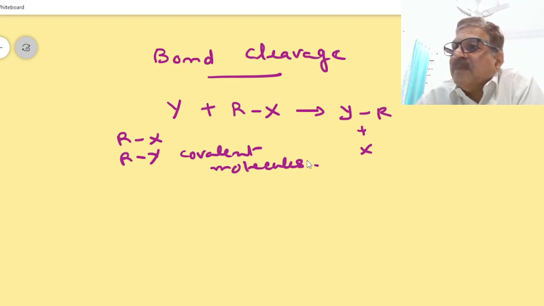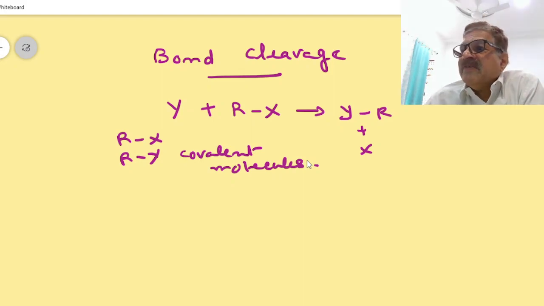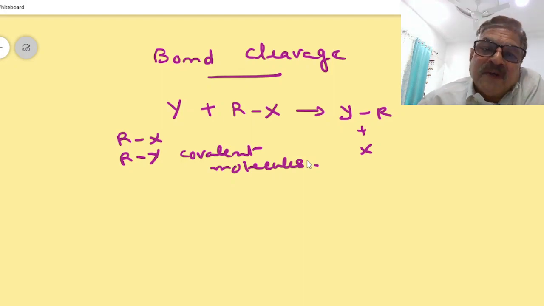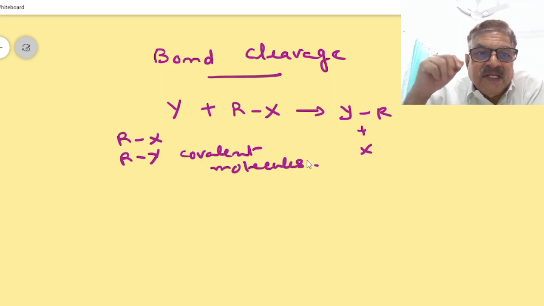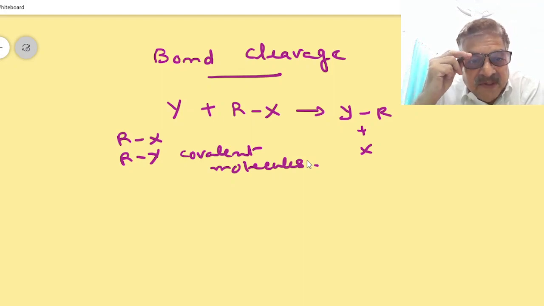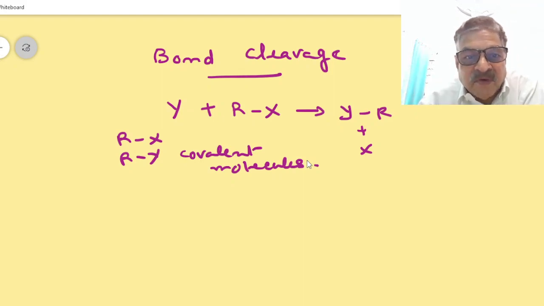So the mechanism of the reaction depends upon the way in which these bonds are broken. The bond cleavage, the reaction mechanism, depends upon how these bonds are broken and formed. There is a new covalent bond here. So what is the mechanism? It will depend upon how these bonds are formed.